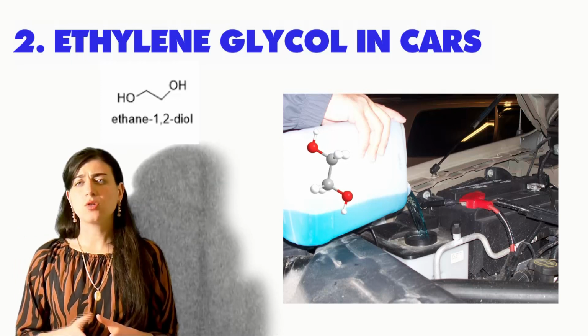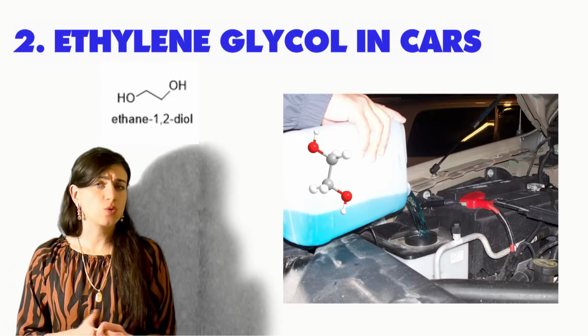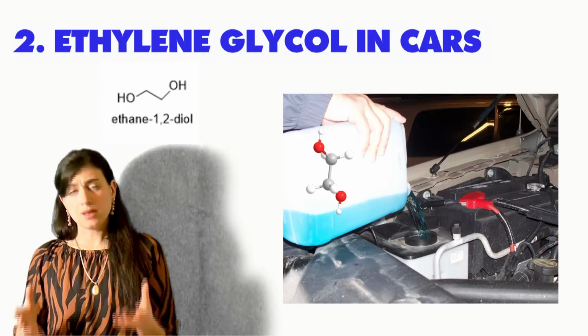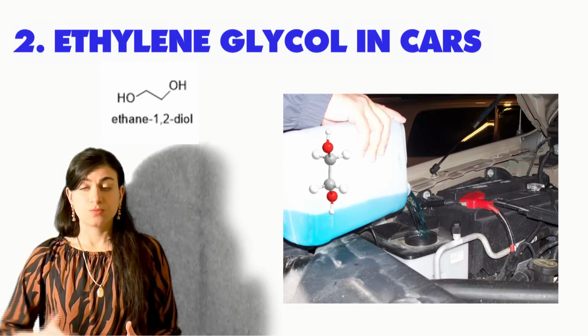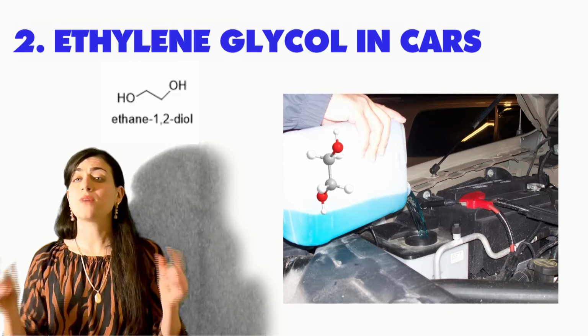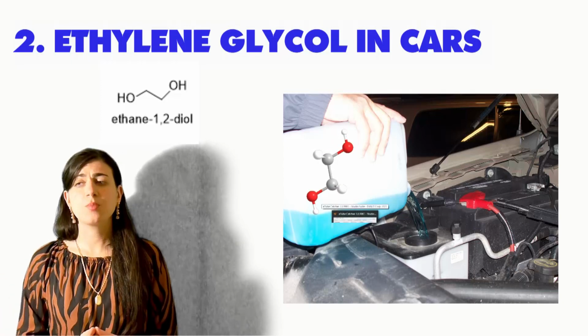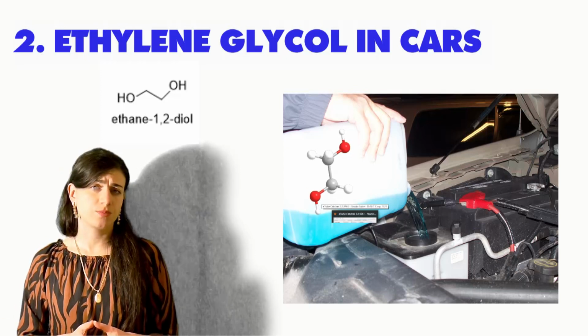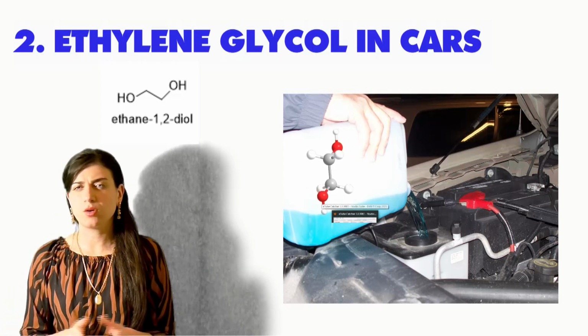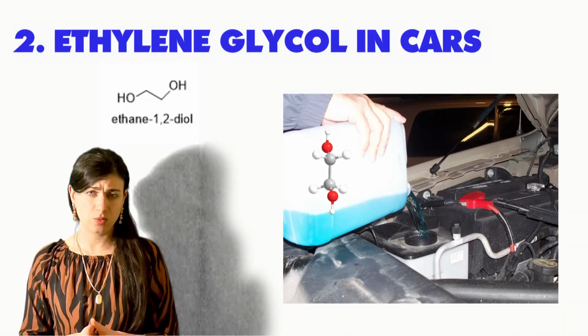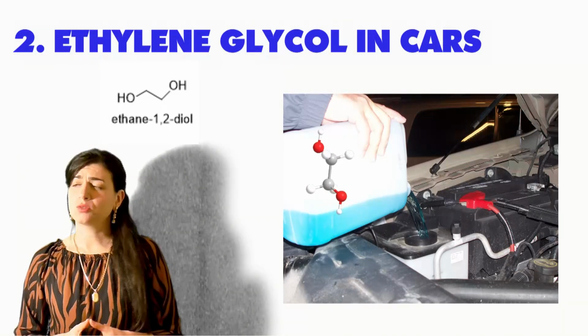Why is ethylene glycol added to the radiator water? Because ethylene glycol will be our solute to add to the water in order to have a solution, and so in order to lower the freezing point of the radiator water. That's important to prevent icing of this water inside the radiator, which can damage the radiator and also the engine.